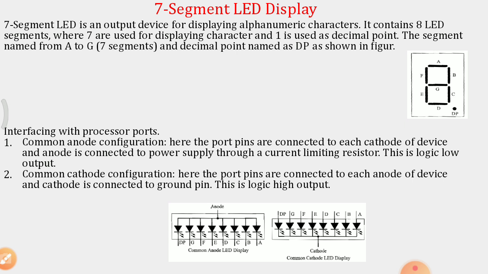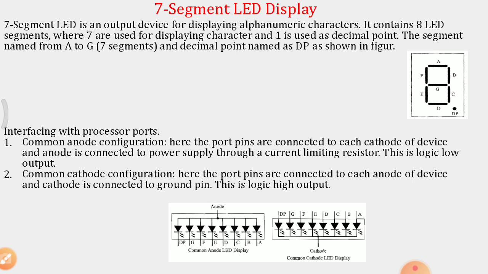So how is this going to be interfaced with the processor? There are 2 configurations with this 7 segment. The first one is the common anode configuration. Here the controller port pins are connected to each cathode of the device, and the anode is connected to the power supply through a current limiting resistor.